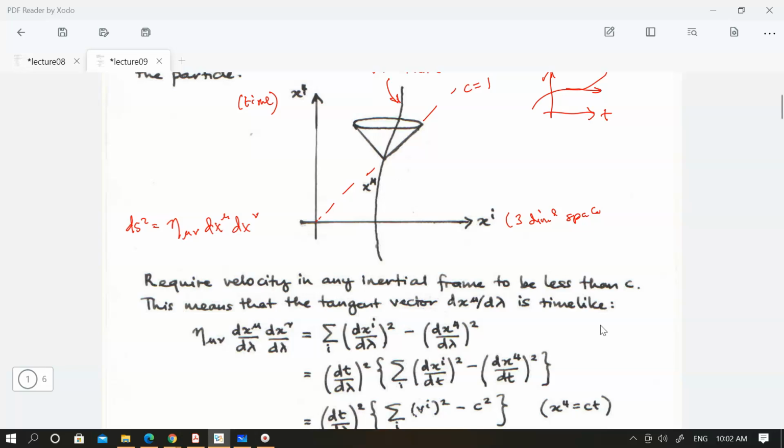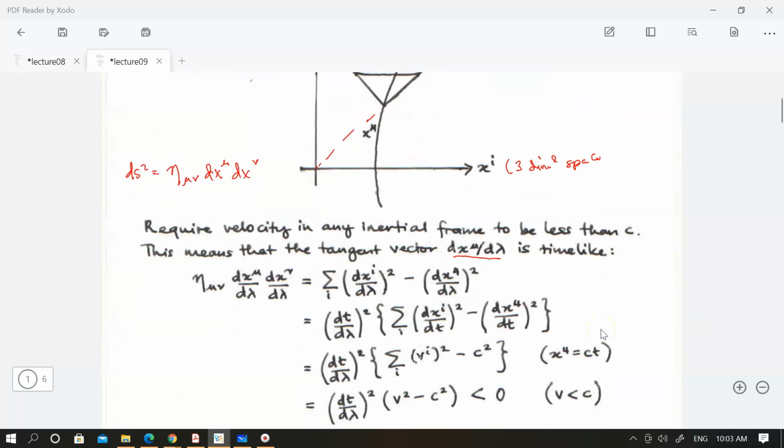This tells you about a four-dimensional interval. If I want to see that this has a magnitude less than c, I again use this kind of contraction between the Minkowski metric and your vectors here. So here's a vector given by this derivative with respect to the parameter. Let's do that and see what you get.